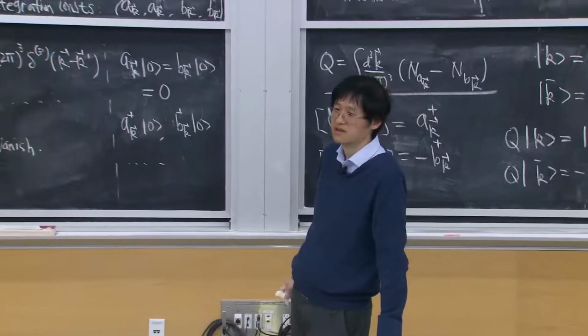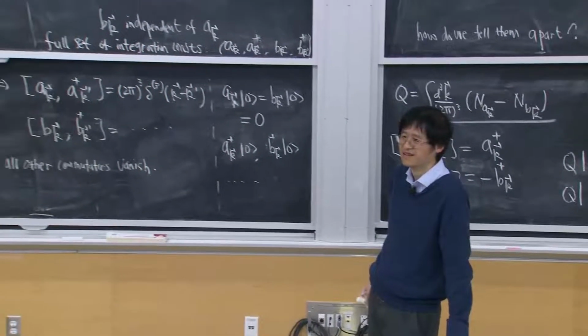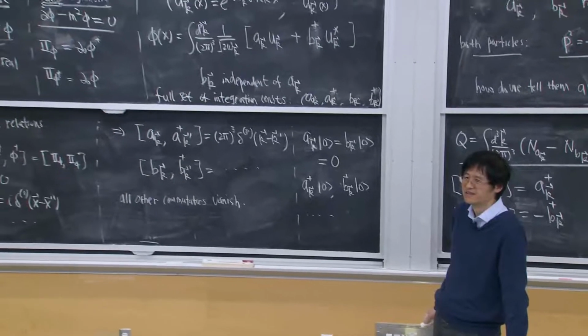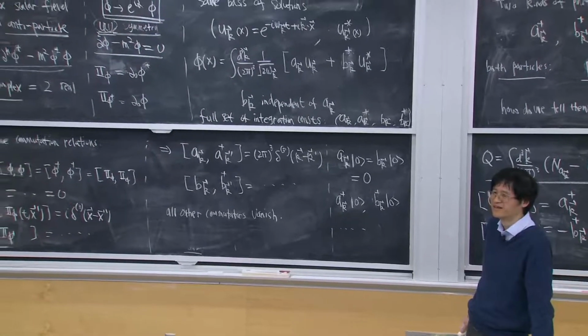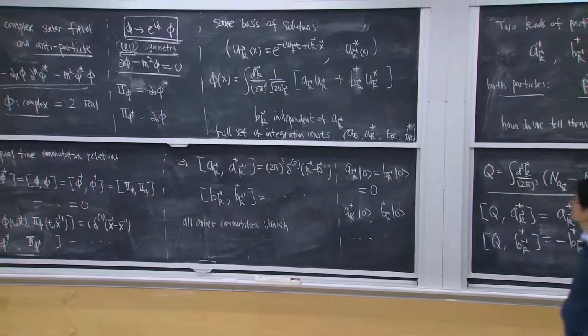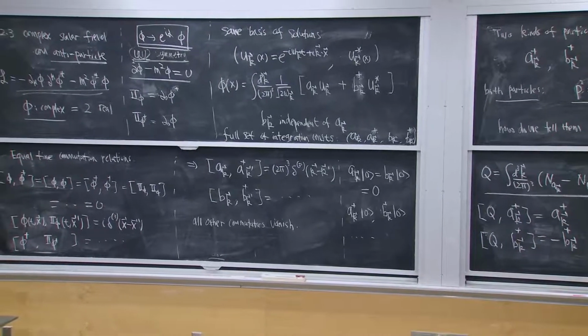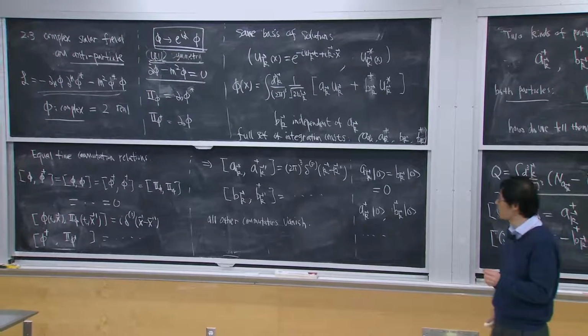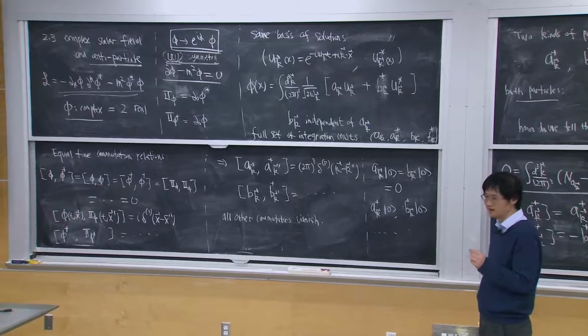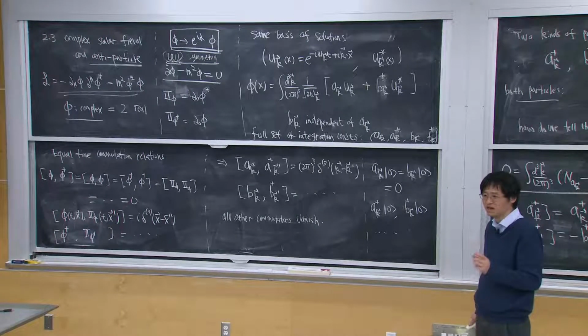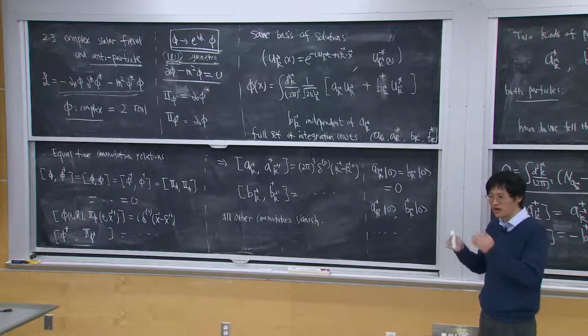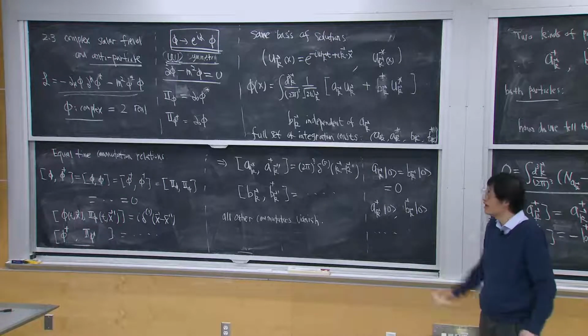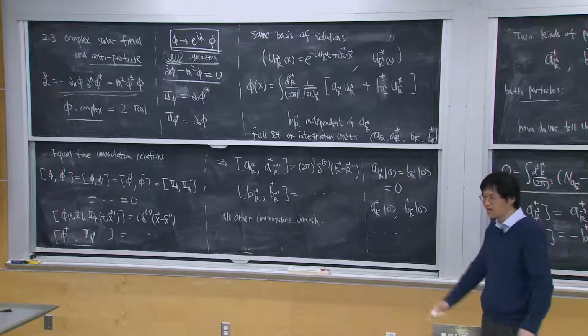But couldn't I just read off that Q is conserved from the very beginning? Actually, the number of A particles and number of B particles are not separately conserved. They can, in principle, annihilate. Here in free theory, they cannot annihilate.